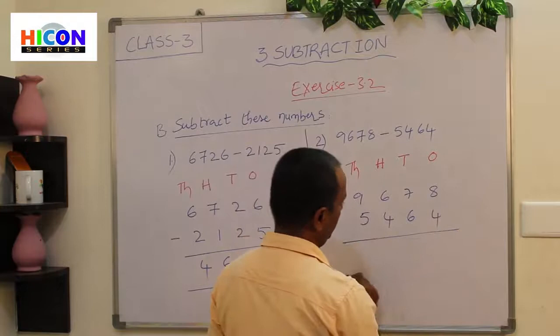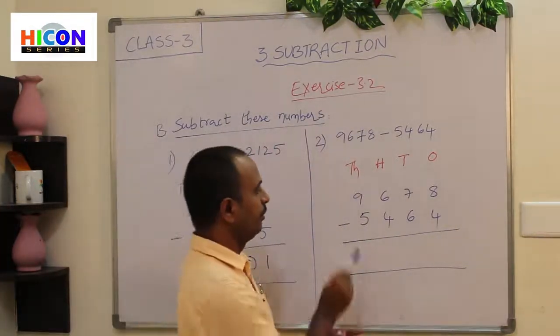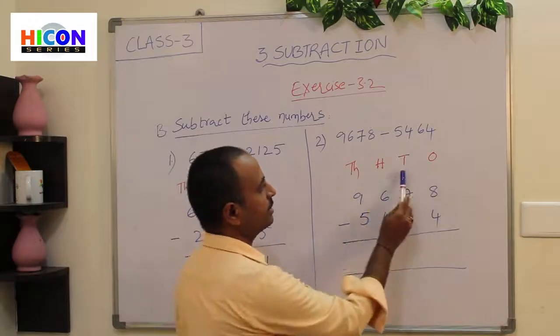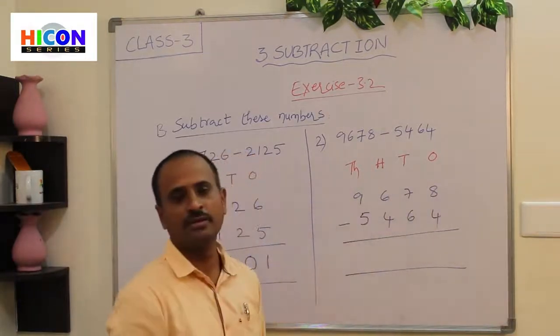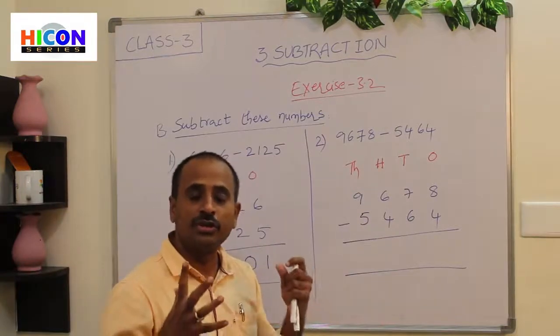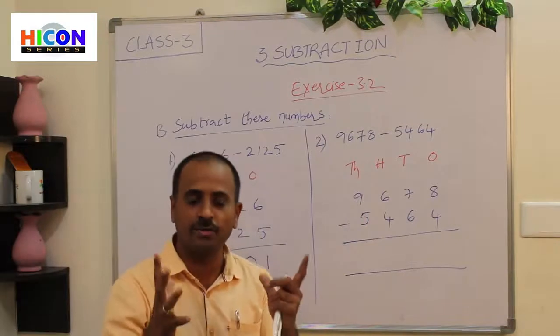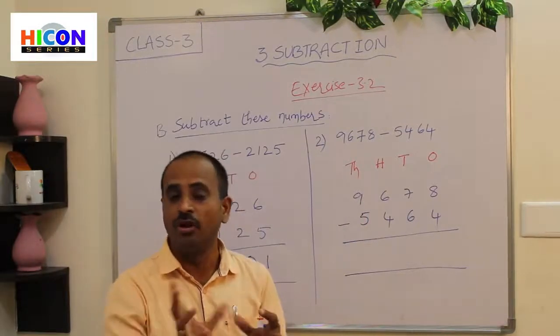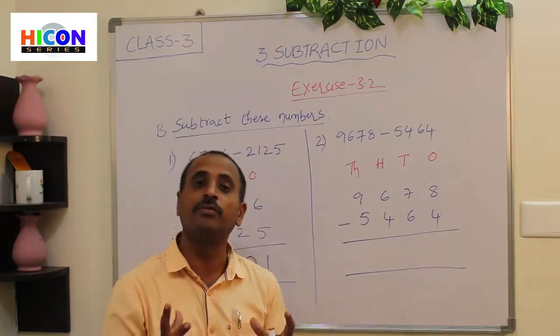Children, in this way we have to arrange the given numbers one below the other at their corresponding places: ones, tens, hundreds and thousands. Remember that all the digits should be at their corresponding places. We should not change their places, otherwise the answer will become wrong.